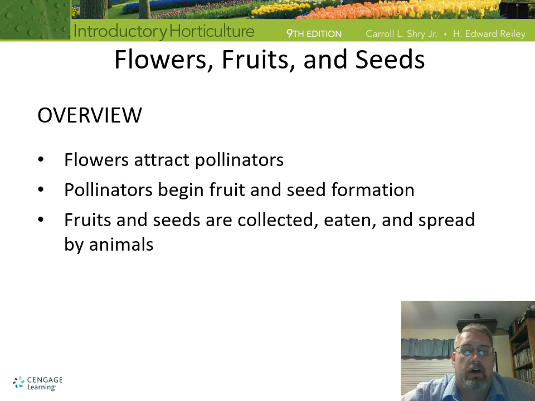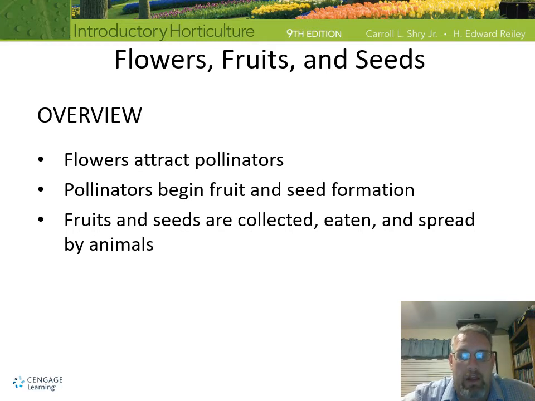So when we talk about flowers, fruits, and seeds, this is basically the reproductive organs of the plant. You have a pretty flower, and that is there to attract pollinators. So yes, they're beautiful to us, but they are also very colorful and beautiful to, say, the bees or the birds or whatever animal or thing is pollinating or transferring pollen.